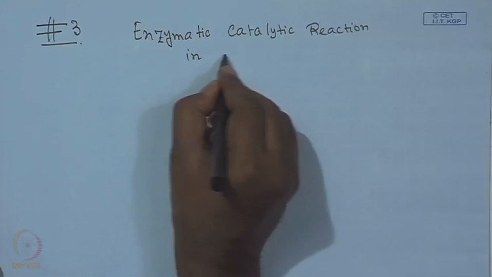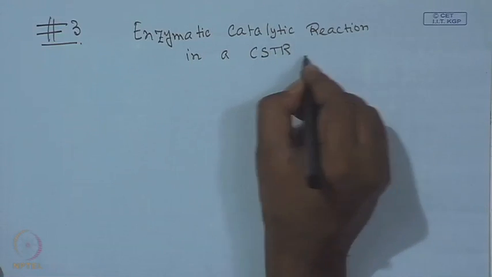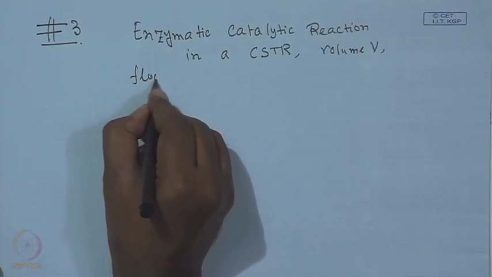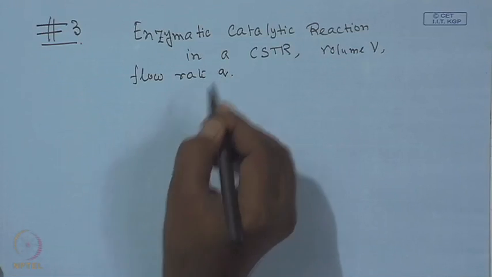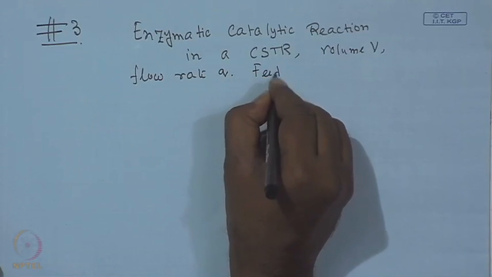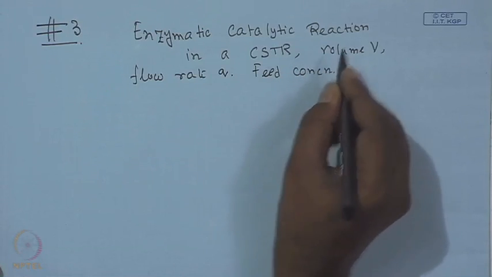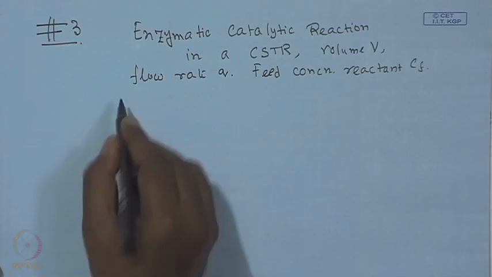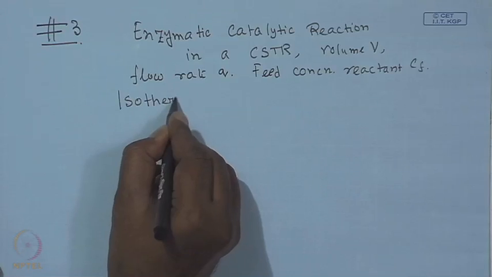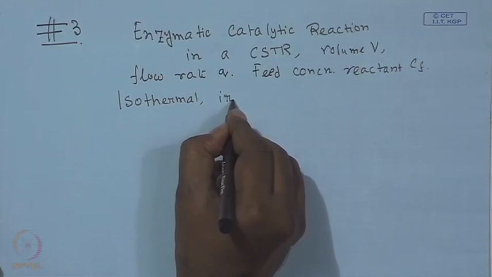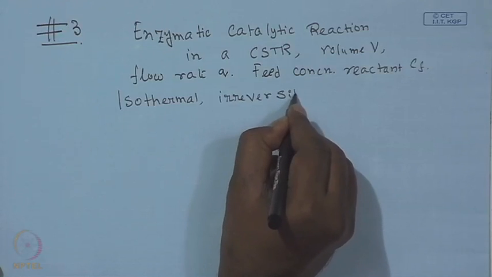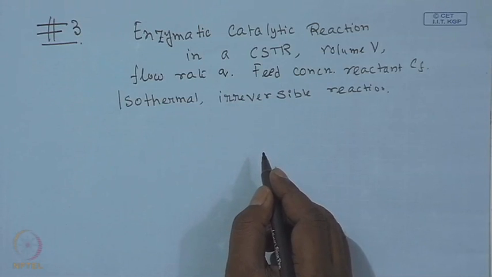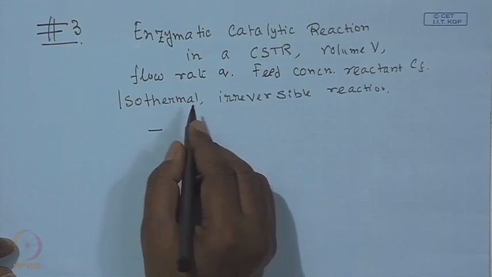Occurring in a CSTR with volume V, flow rate Q, feed concentration of reactant as earlier is CF, and again it is an isothermal irreversible reaction, but the rate expression is different in this problem.